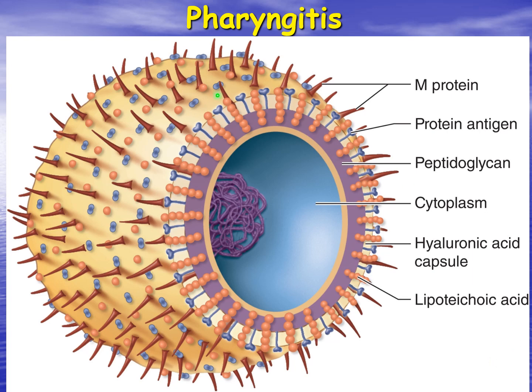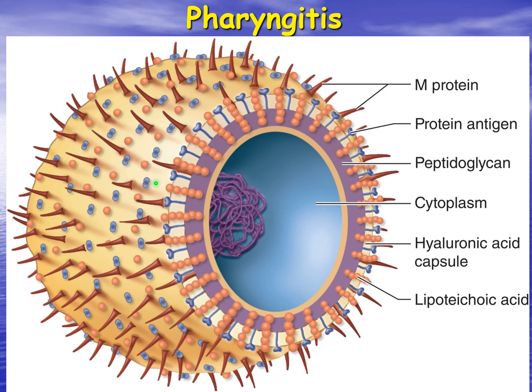So this is actually one of these strep pyogenes organisms. And again, they have a number of different antigenic structures on their cell wall. The M protein, the peptidoglycan can actually act as one of these, and they have a hyaluronic acid capsule.